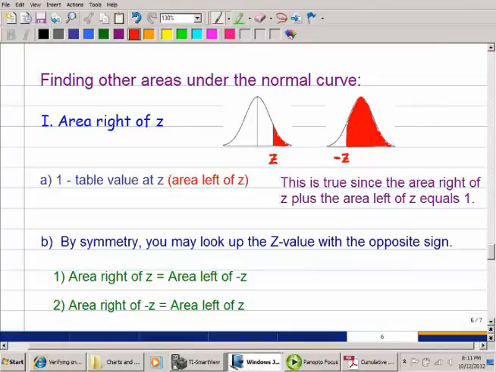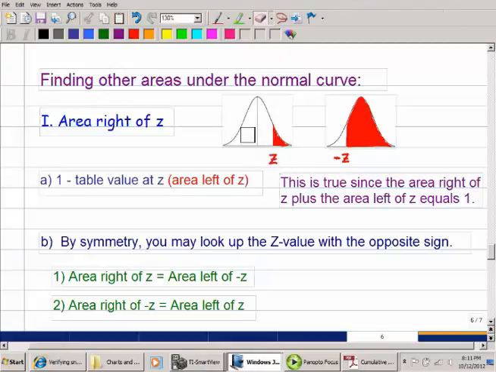Now, why 1 minus? Well, the reason for that is because the total area under the curve is 1. So in other words, let's look at this positive one, for example. If you look up this positive z, you look up the z, you're going to get the area in the open, the white region to the left of z.